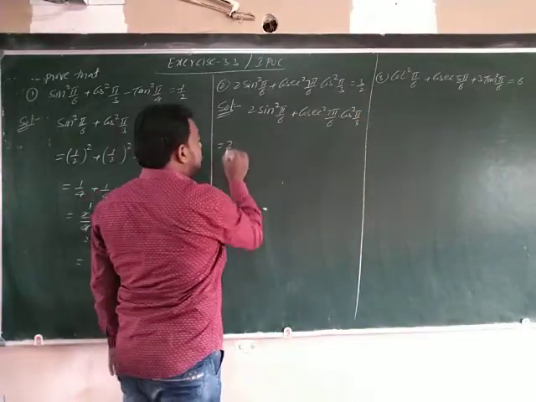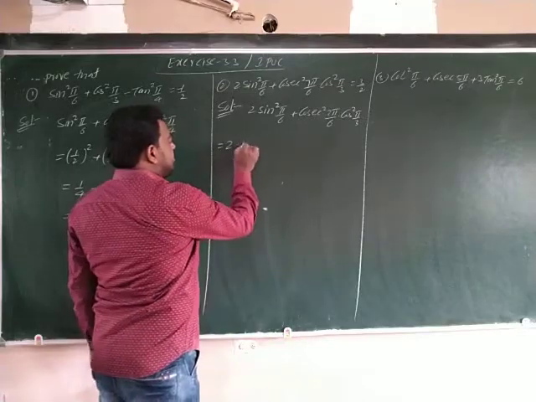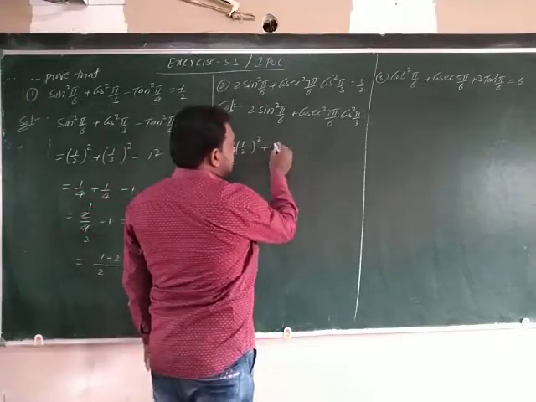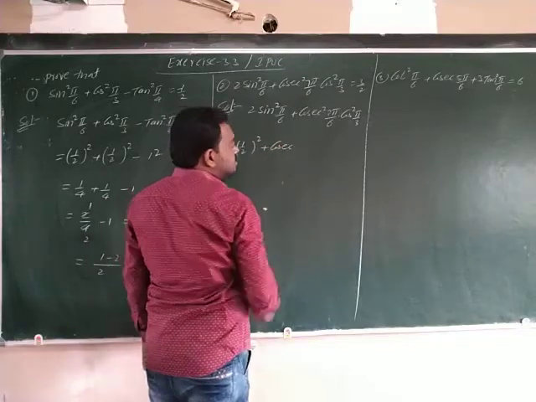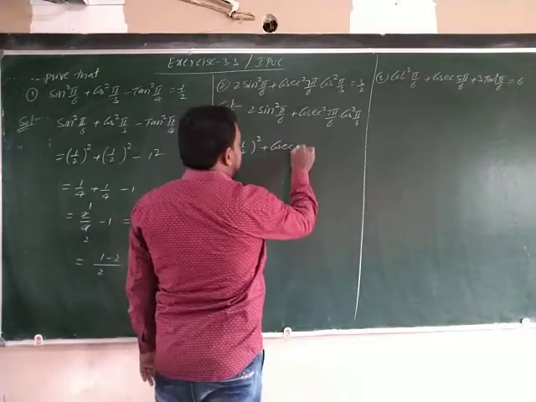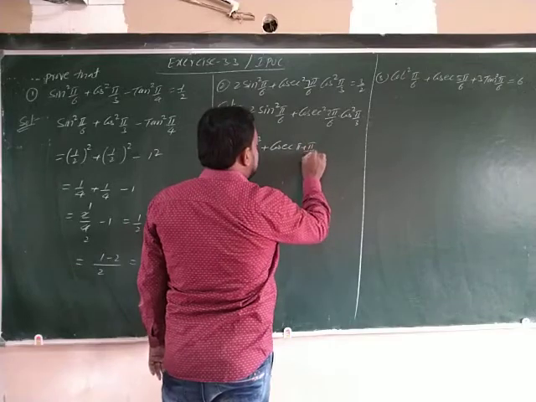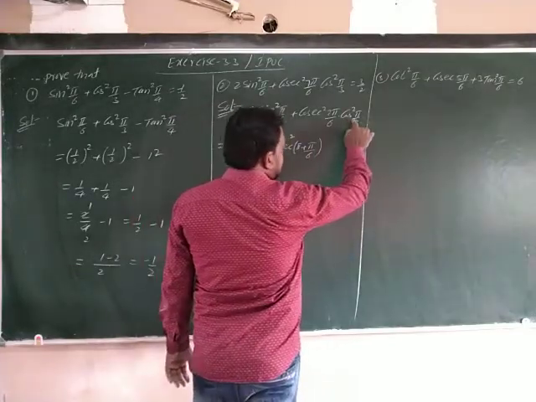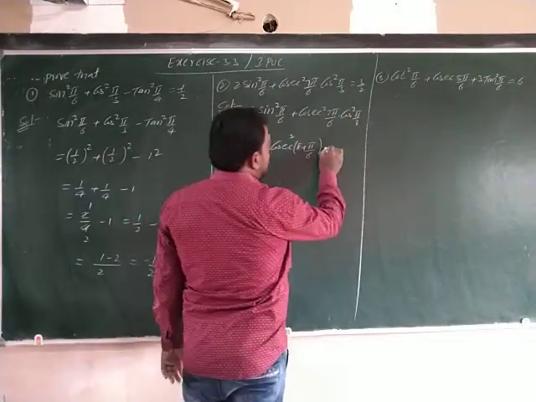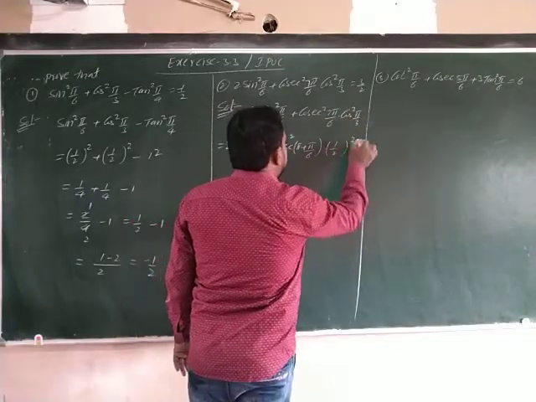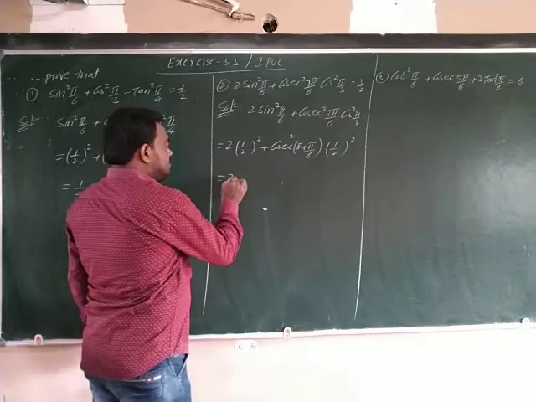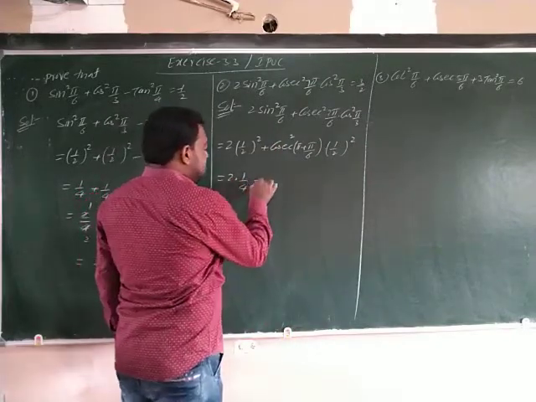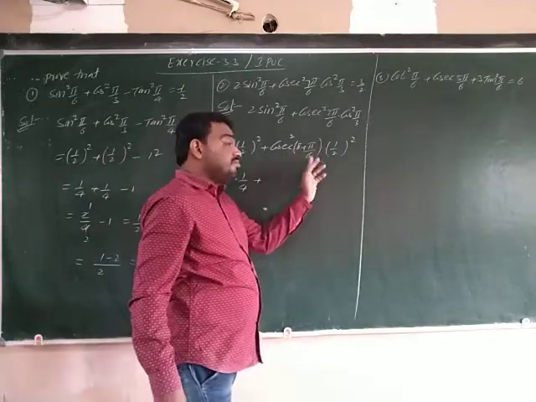This is equal to sin pi by 6 is 1 by 2, so 1 by 2 whole square, plus cosecant 7 pi by 6, which is pi plus pi by 6, square. Next cos pi by 3 value 1 by 2, so 1 by 2 whole square. This is equal to 2 into 1 by 2 whole square, 1 by 4, plus cosec 180 plus theta.